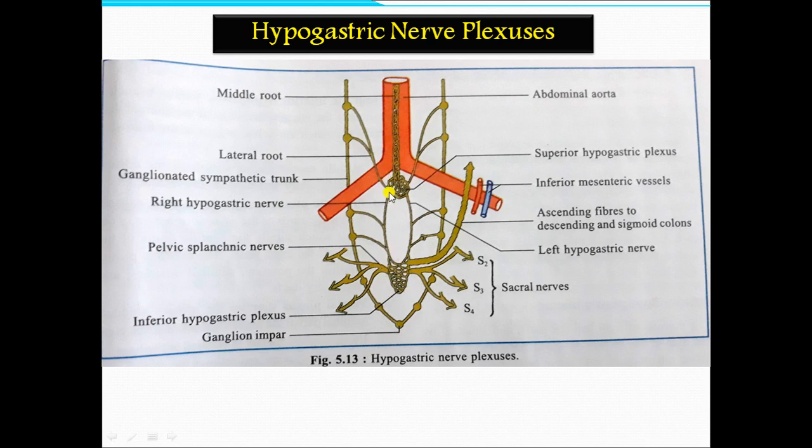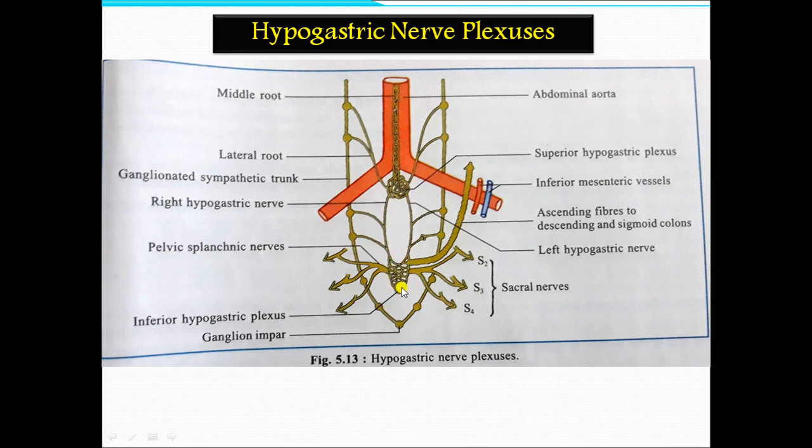It is formed by nerves coming from the superior hypogastric plexus as its post-ganglionic sympathetic branches. These 2 branches, the right hypogastric nerve and the left hypogastric nerve, descend down and join with the S2, S3 and S4 sacral nerves, and also receive sensory branches from the visceral organs, forming the hypogastric plexus.